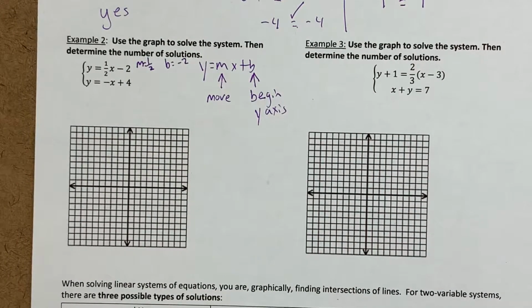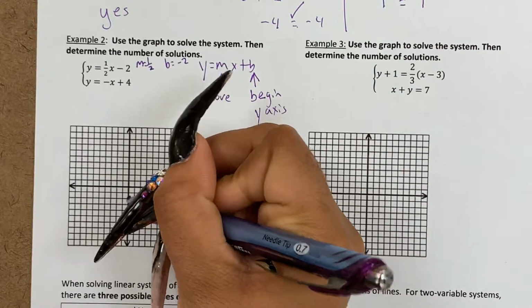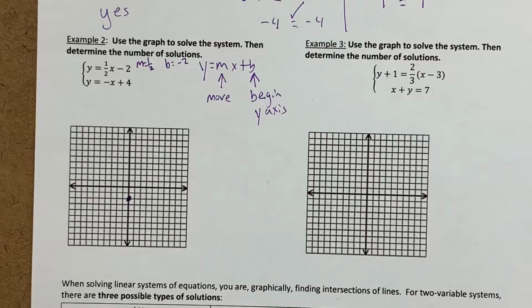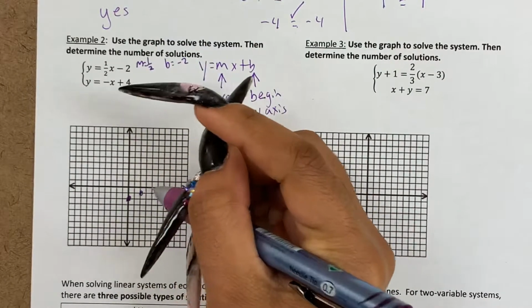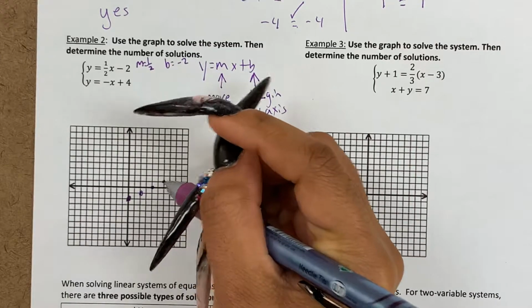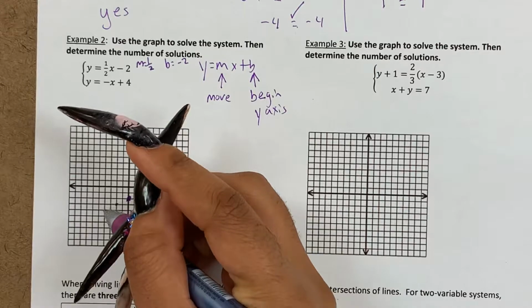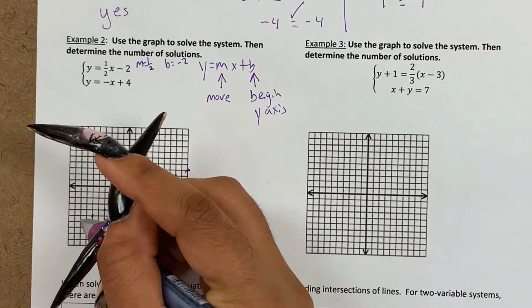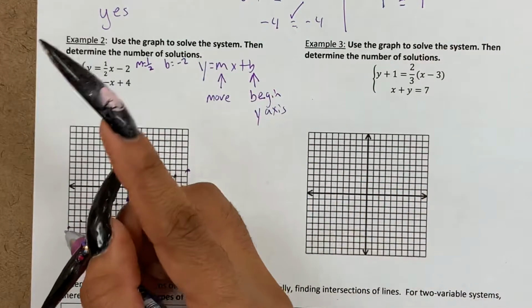So you're going to begin at negative 2 on the y-axis. And your rise over run is up 1, right 2. Up 1, right 2. Make sure you go all the way across, all the way left and all the way right.